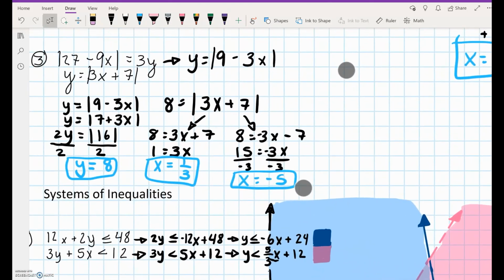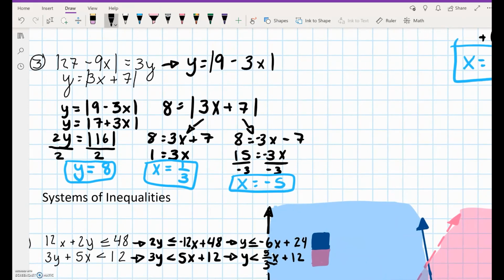So now our third and final example of solving systems of equations before we hop into systems of inequalities is this one, which is another absolute value example. So this one I just simplified into this y equals, then added them together.